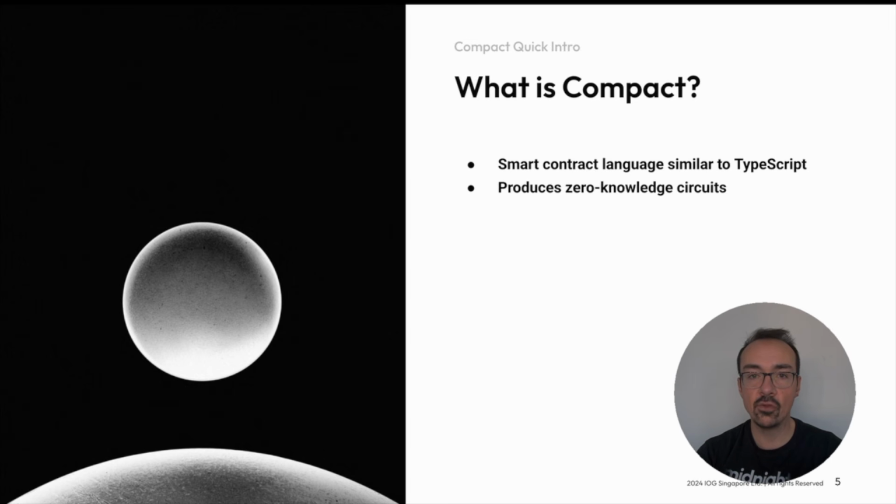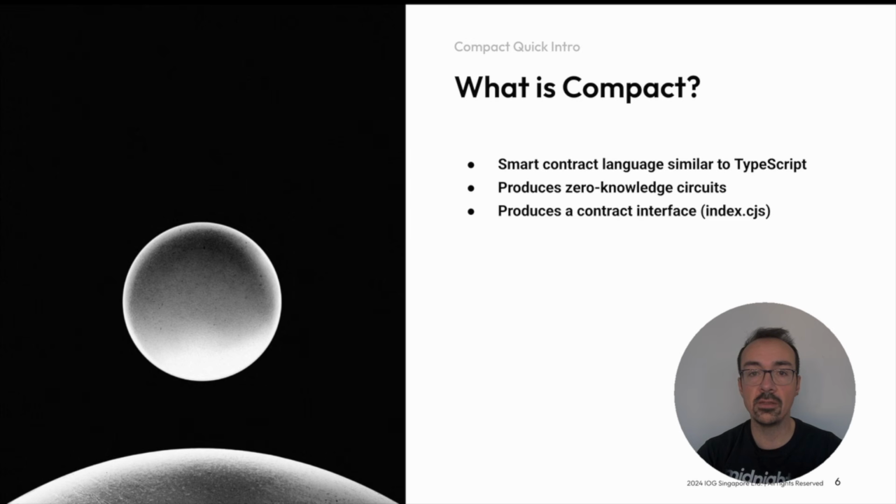A Compact smart contract is compiled and then produces zero knowledge circuits, and those are the circuits that your application is going to interact with. It also produces a contract interface, so it's a JavaScript file that you are going to use in your application to interact with the contract.